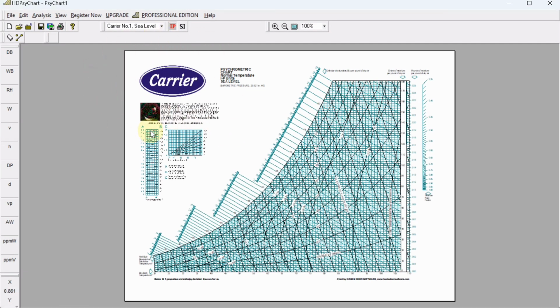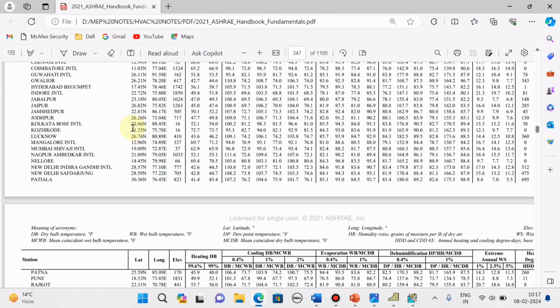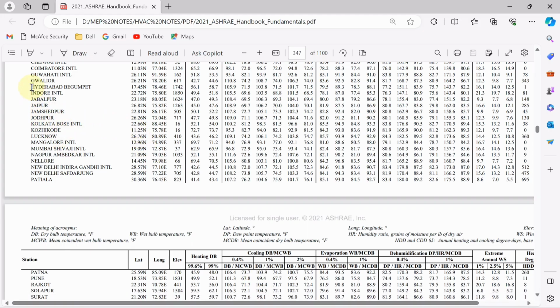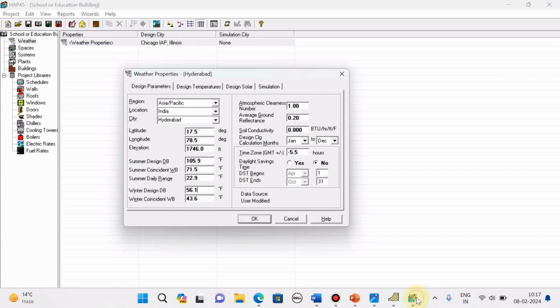In that software, when you open it, first of all you have to select the sea level. Our sea level for Hyderabad is 1742 feet, which is less than 2500 feet.